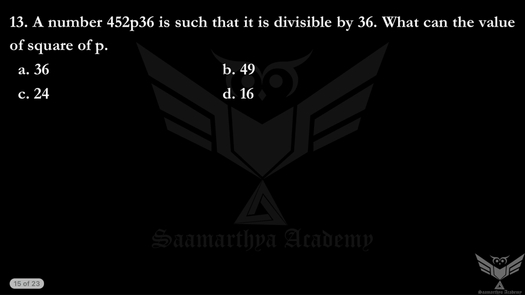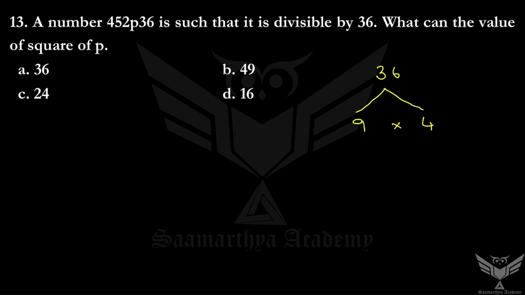The next question. A number 452P36 is divisible by 36. What is the value of P? Now we know the divisibility rule of bigger numbers. If you're not getting what is the actual divisibility, just split the number. 36 is nothing but 9 into 4.